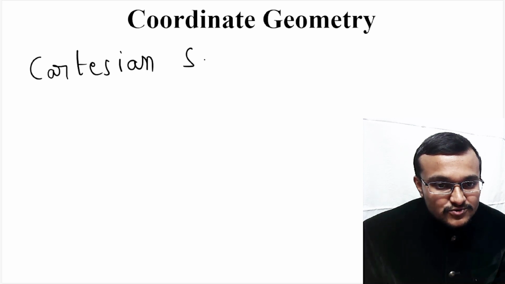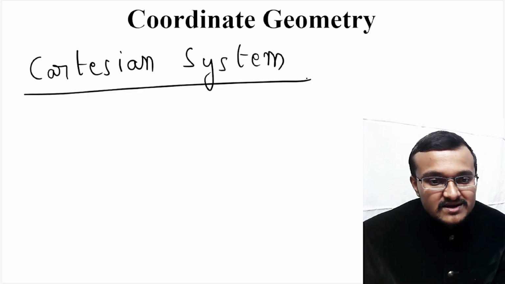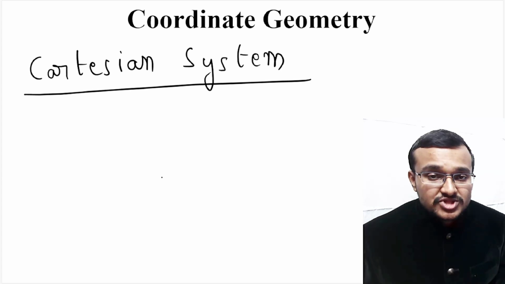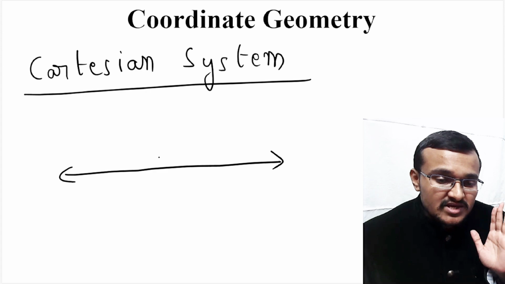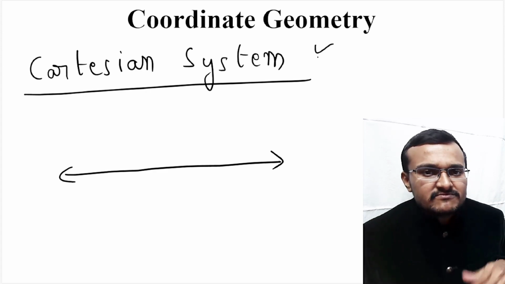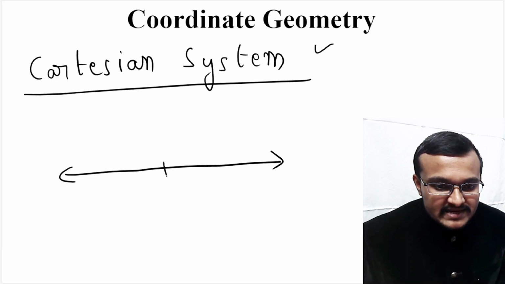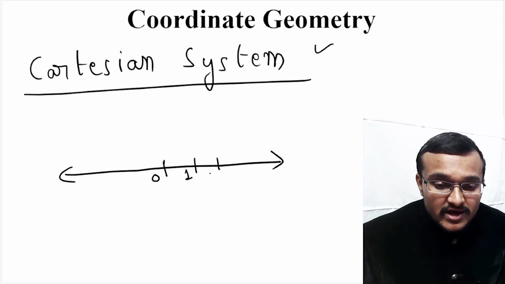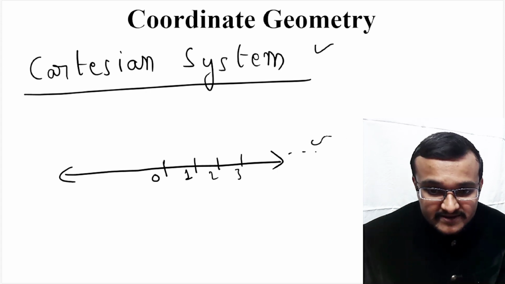Now we are going into the new concept in this chapter, that is the Cartesian system. In order to understand the Cartesian system, we will go back to number lines. In a number line, in the exact middle you have 0, and on the right-hand side you have 1, 2, 3, and it goes up to infinity.